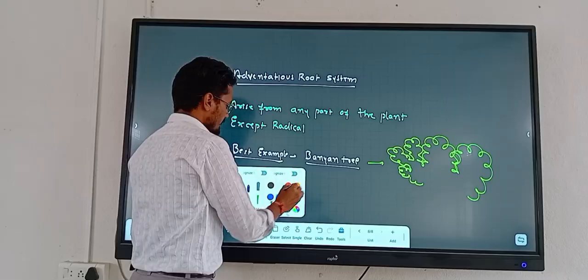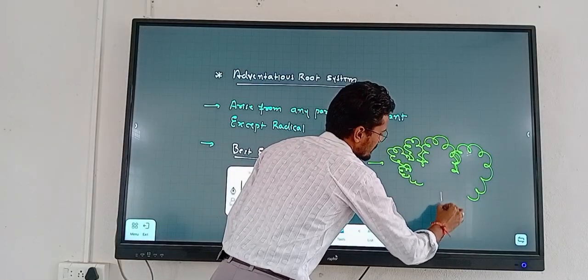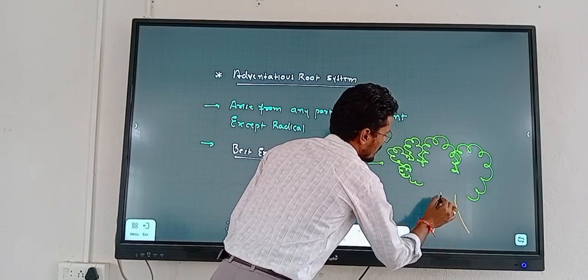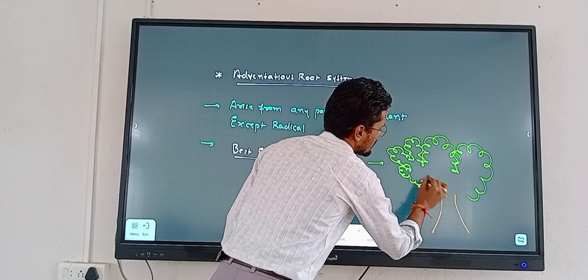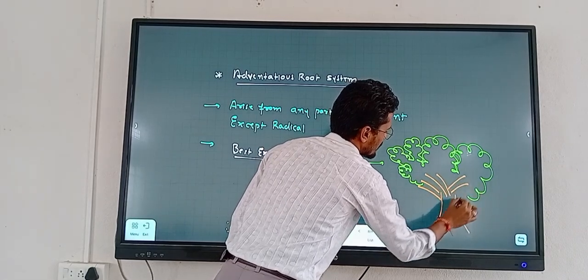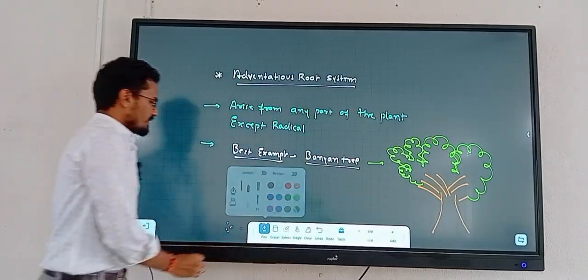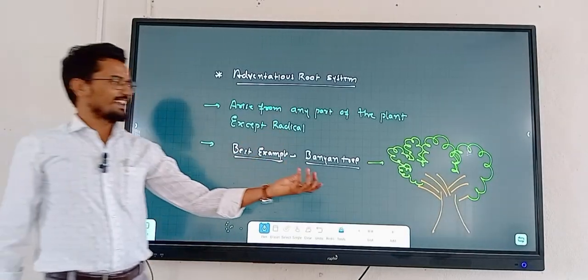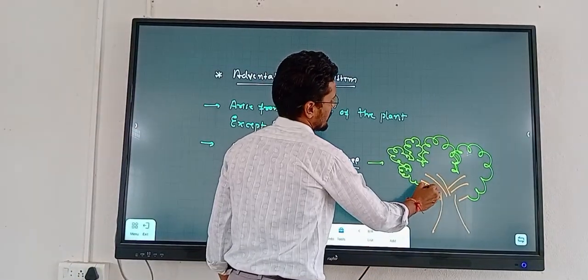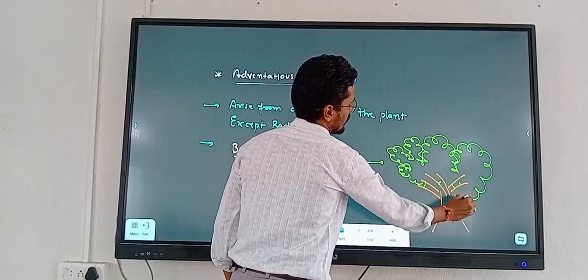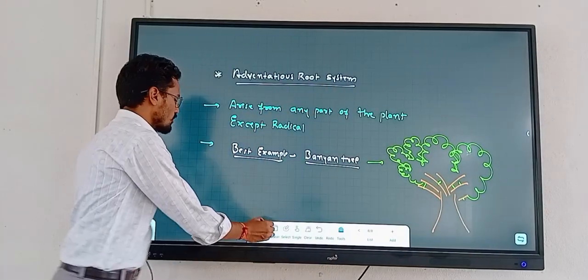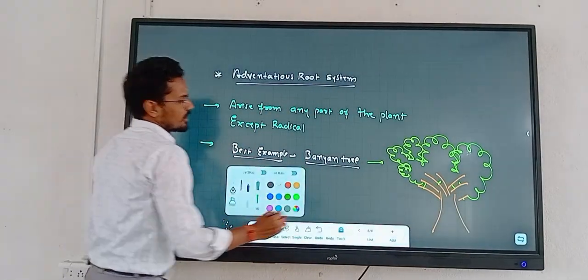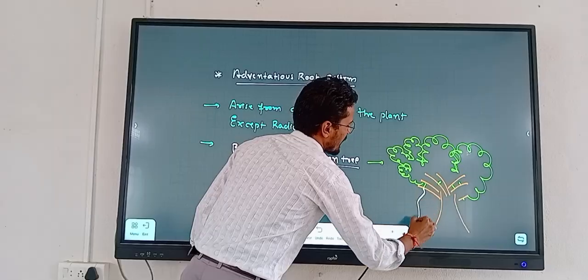This is the main trunk, and these are the branches. On these branches, as with any stem, there are nodes. From these nodes, the prop roots will arise.